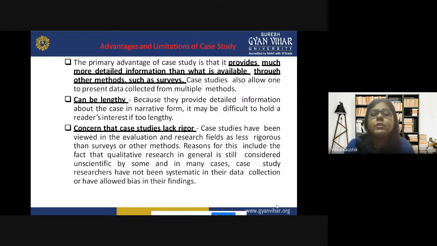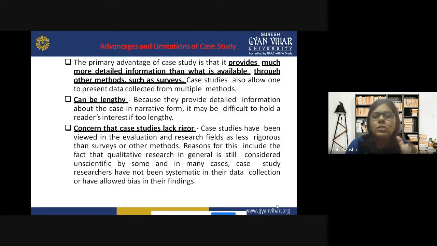Now, advantages and limitations of case study. The first one is the primary advantage of case study is that it provides much more detailed information than what is available through other methods such as surveys.